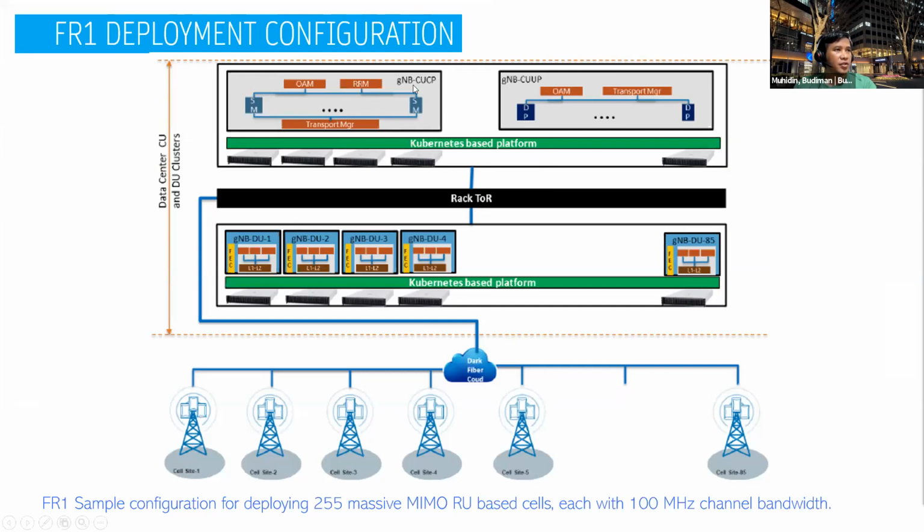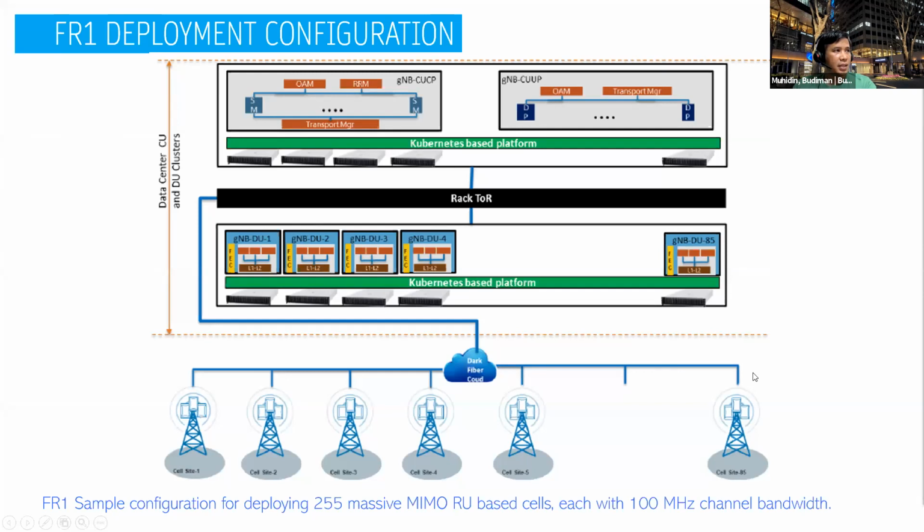The CU is connected to a Kubernetes-based platform, and it is connected to the DU also by the cloud network, connected to a Kubernetes platform, and going through the dark fiber cloud it is connected to the RU. This is one of the deployment configurations of the virtualized RAN we have here in Rakuten.